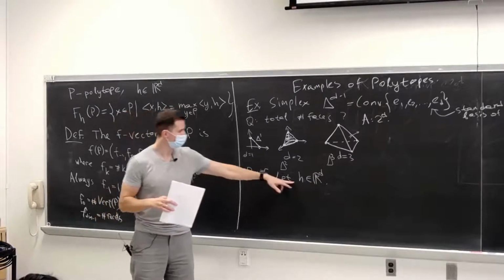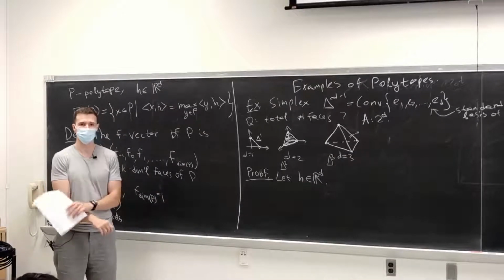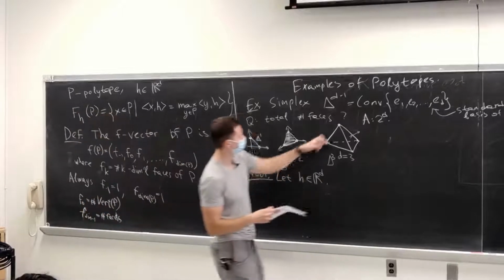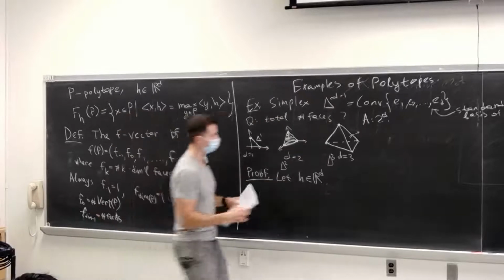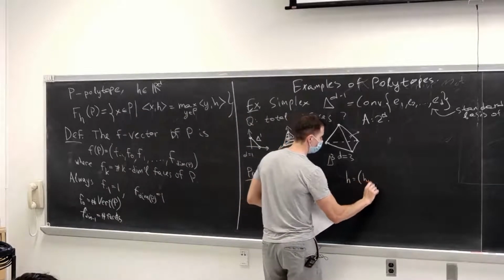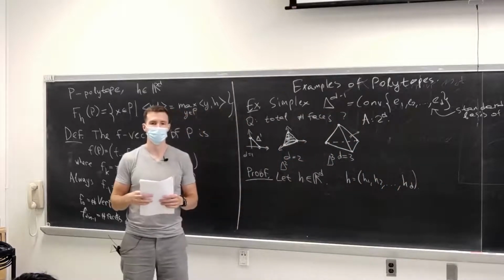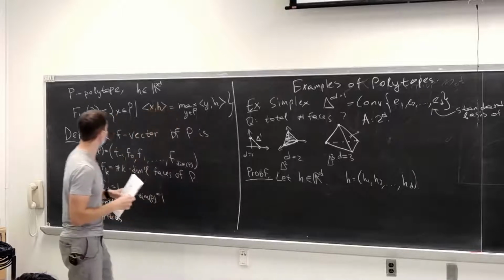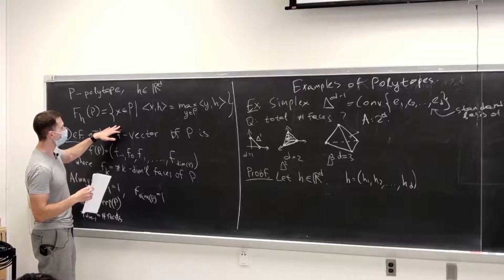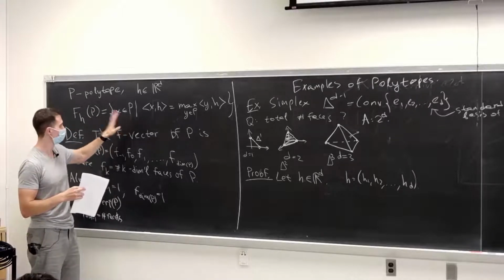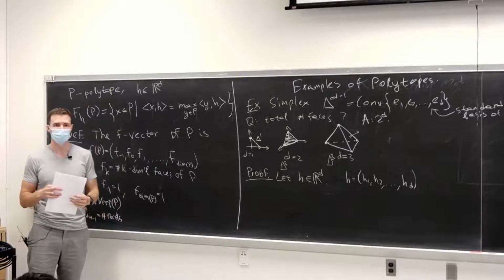Let's say H is H1, H2, etc., H_d. For now, let's say take any H, and then we want to analytically compute the face. How do we do that?